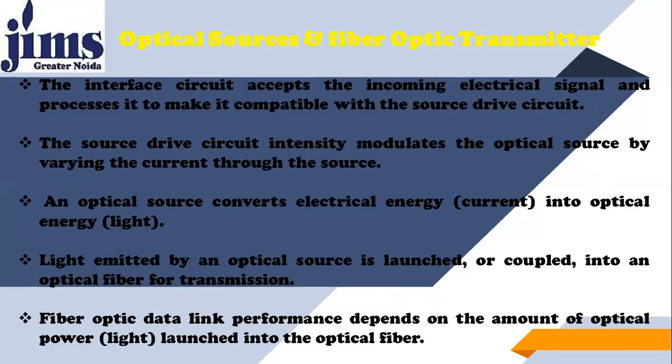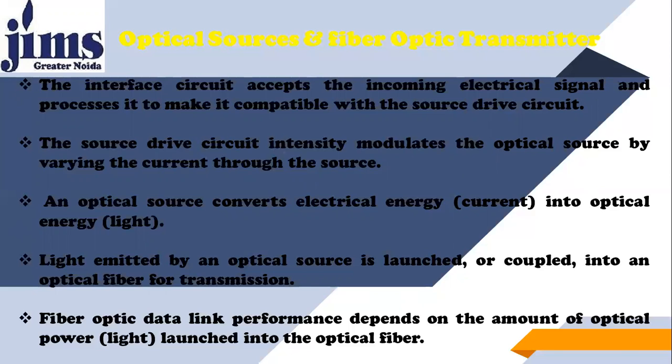Fiber optic data link performance actually depends upon the amount of light or power launched into the optical fiber. This is one of the issues. Once you have light at the output of the transmitter, that light should be 100% launched into the optical fiber. Sometimes, because of leakage and improper placement of the optical source and fiber, there is a leakage of optical energy.